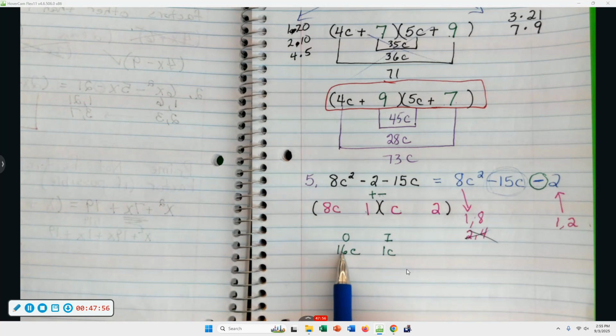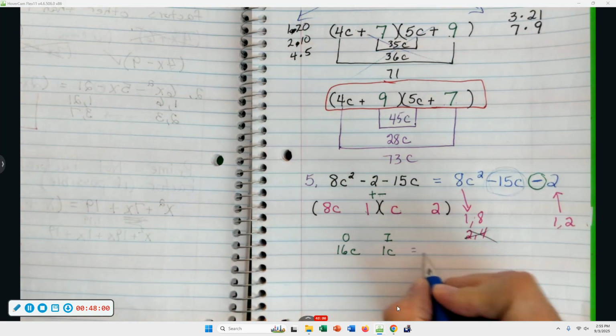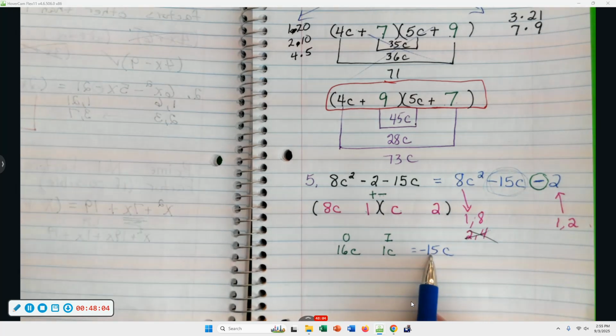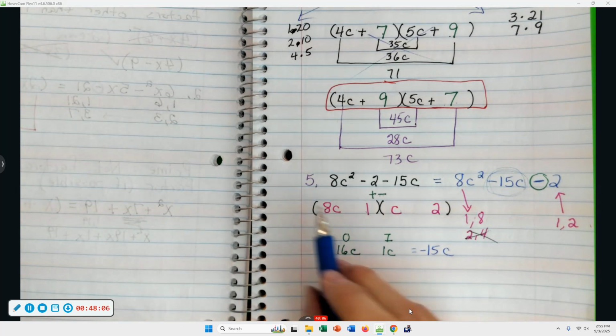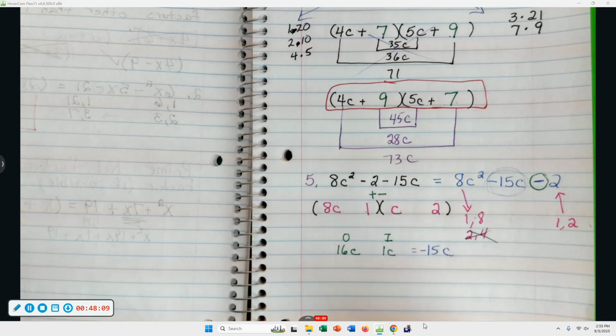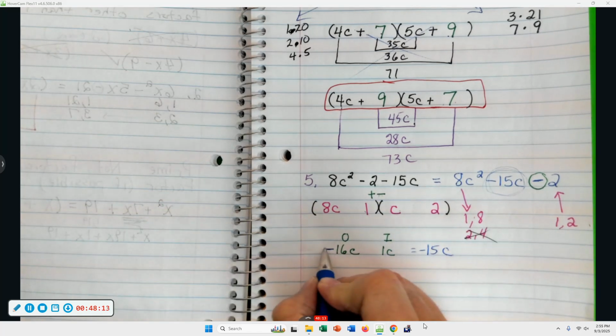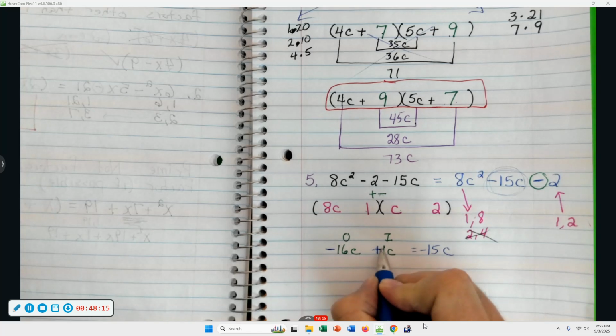If we subtract 16 and 1, we get 15. So to get a negative 15C, you know what, I really like my little marks. I like your marks better. Yeah, okay. The bigger number is going to have to be negative, and the smaller one positive.